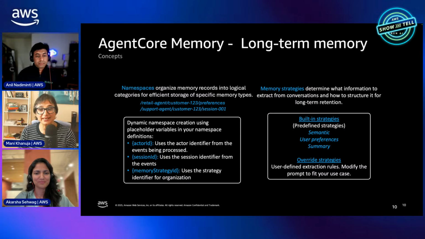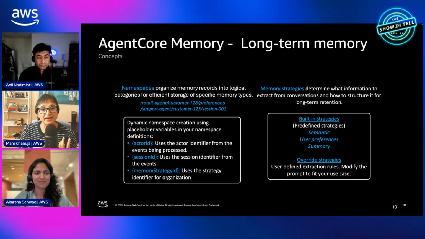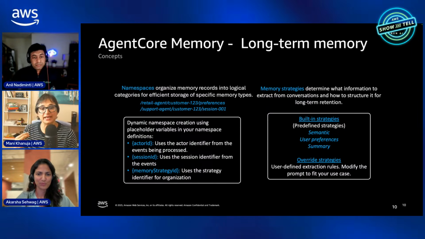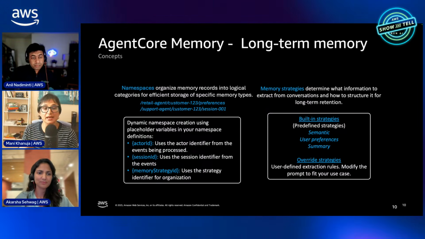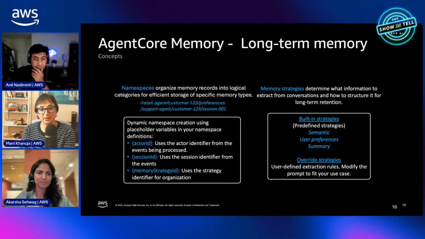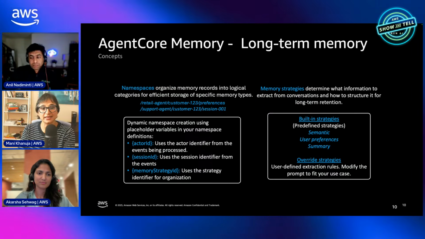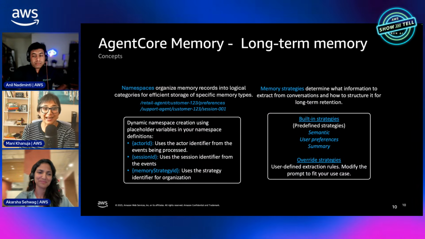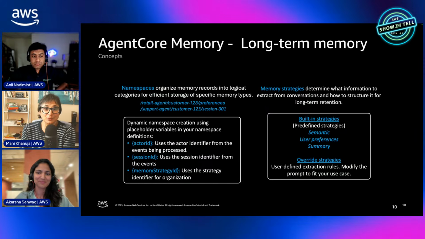Then override: there are some user-defined extraction rules, and with the override strategy, two things come into play. One is the extraction logic, the other is the consolidation logic. If my preference is already stored or extracted, I don't want it to store duplicate things.